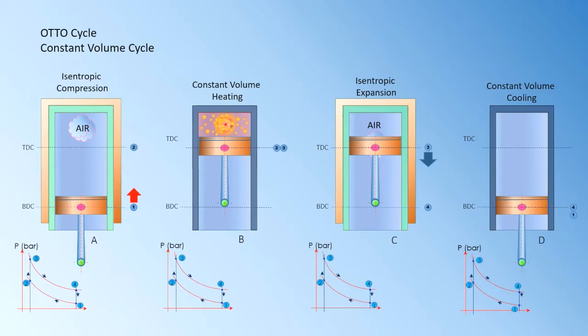Then after that, the fourth diagram, the fourth cylinder, as you can see, the piston remains stationary at the bottom dead center, that means at the outermost position, for a very short time. So the volume inside here remains constant. And at this period of time, heat is removed or heat rejected.